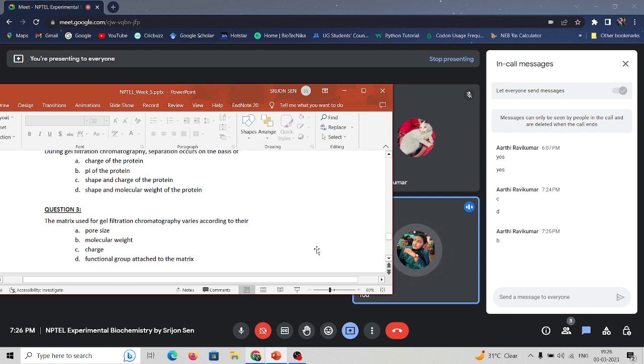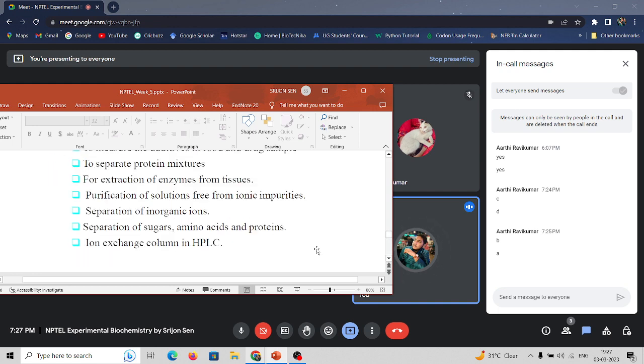If you look back to my slides, I was speaking about the beads and the pores. So the pore size is important. The matrix which we use in size exclusion chromatography should vary according to its pore size. We separate different molecular weight proteins. It is not the molecular weight of the pores that is important, it is the pore size into which the different proteins would be entering. So the pore size is important. Yes, so A is the correct option.